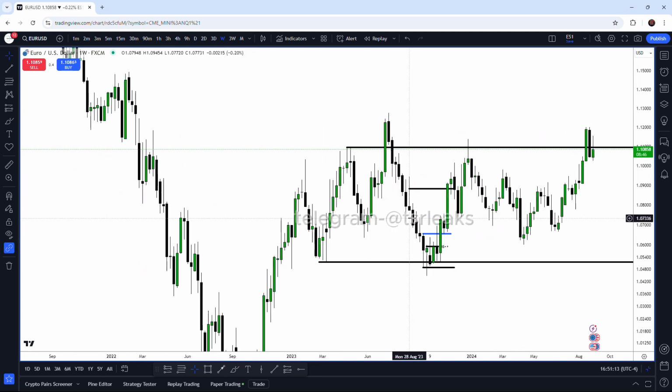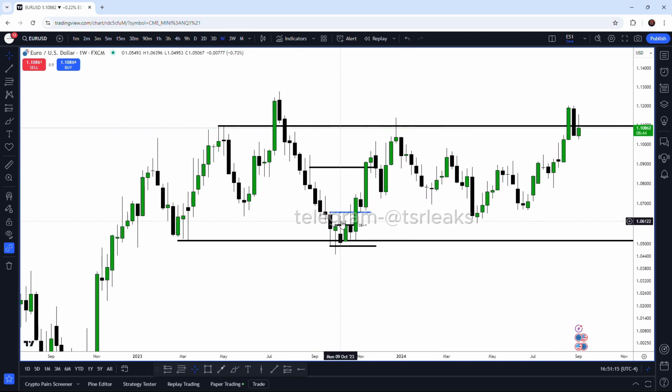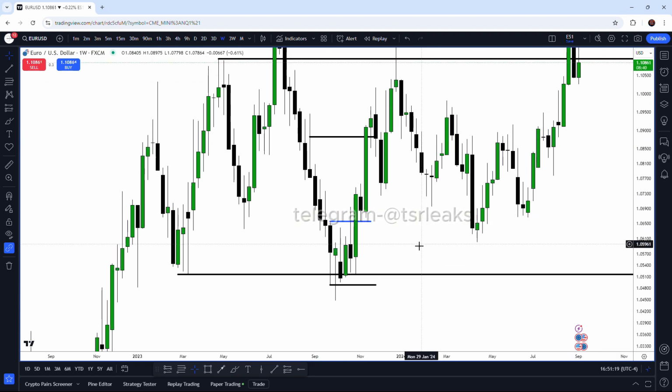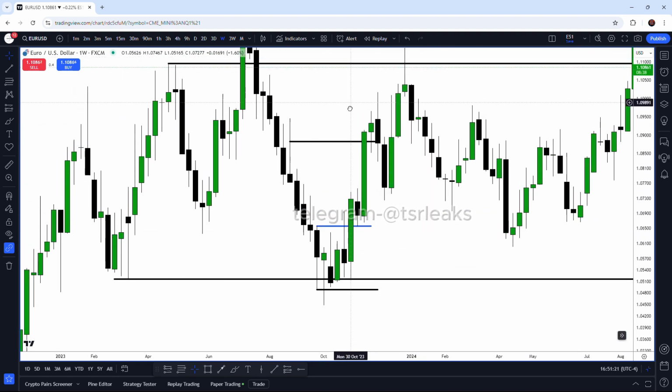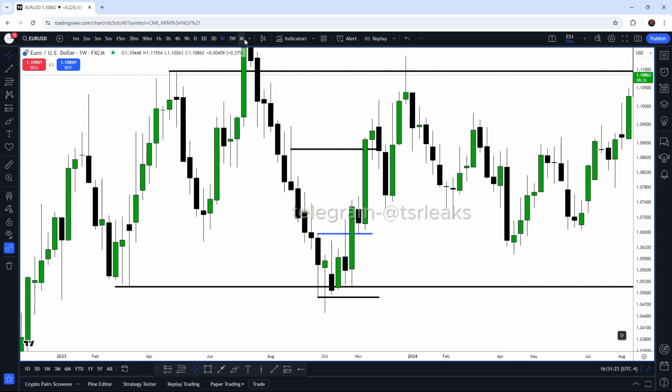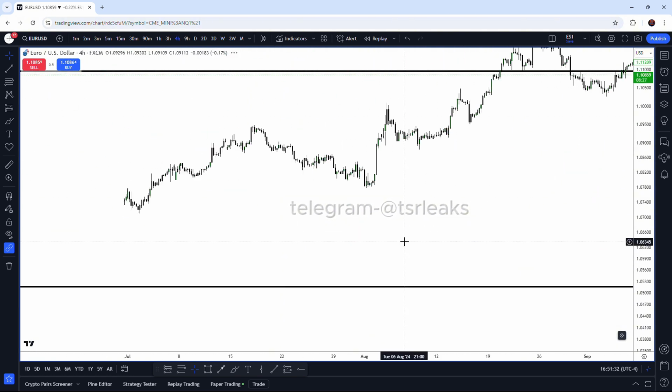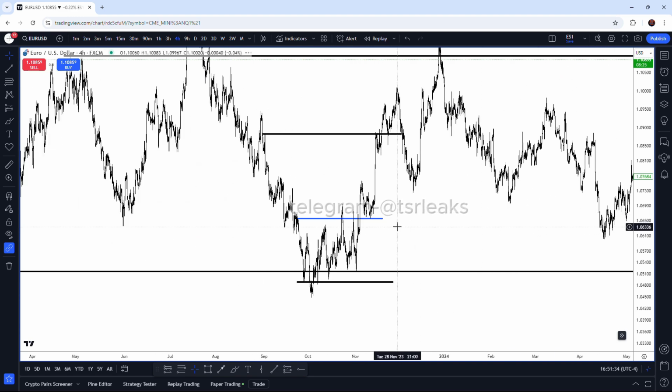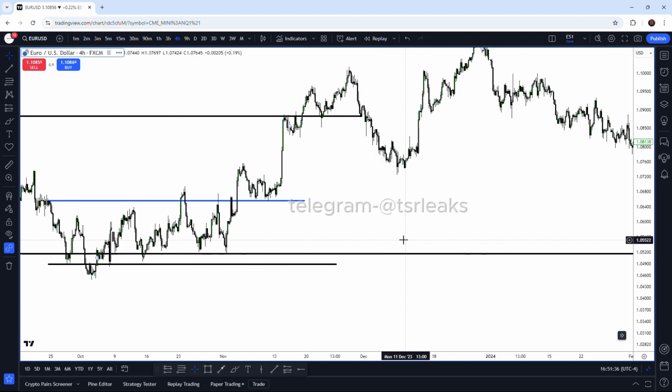So since we have a CRT on a weekly time frame, we can now refine the entry even more. So your order block from a monthly time frame, monthly CRT, comes from a daily chart. Your order block from a weekly CRT comes from a 4-hour chart. Let's go ahead and see if we can refine the entry.